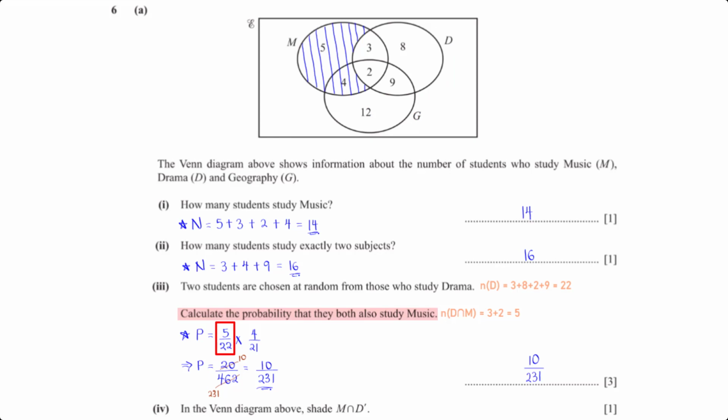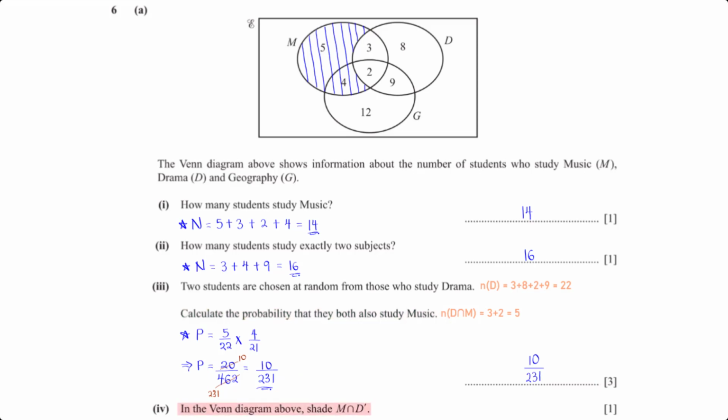Remember, we are picking the first student and a second student. The "and" becomes times. After the first student is picked, the pool reduces by 1, and so the probability that the second student from the drama group also studies music is 4/21. When we type this into the calculator, we get 10/231.